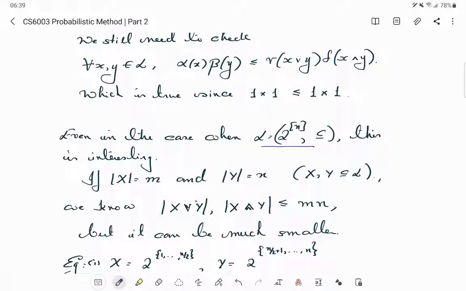Like for example, consider this case where X is all the subsets of the first n by 2 elements, and Y is the family which consists of all the subsets of the upper half elements.